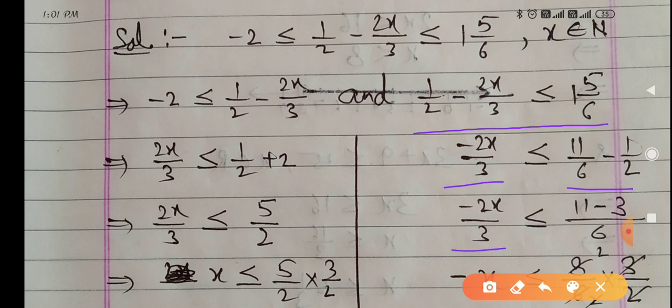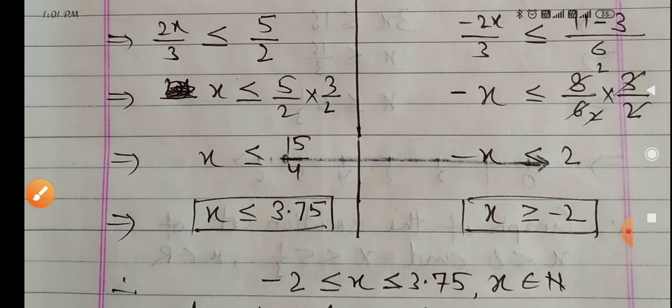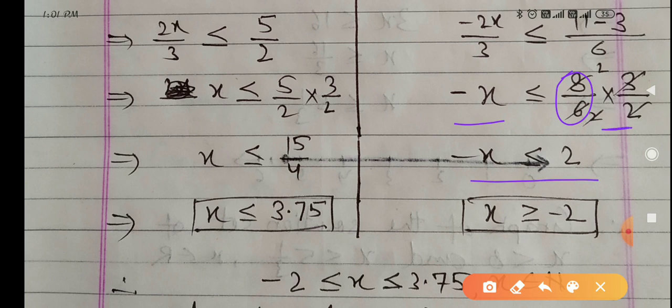Minus 2x upon 3 is less than equal to, take LCM 6, 11 minus 3 upon 6. Now it will become 8 upon 6. 8 upon 6 multiplied by this 2 upon 3 I am taking in RHS. So 3 upon 2 it will become. So minus x is less than equal to 2. X is greater than equal to minus 2.